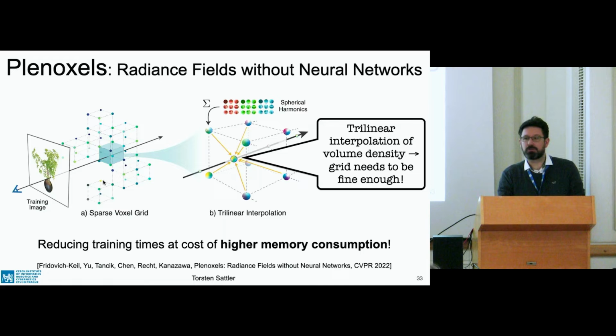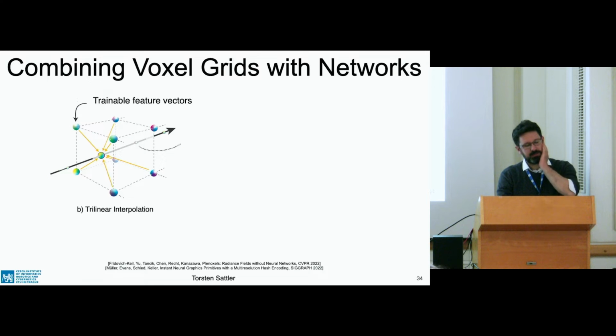How can we try to reduce this so that we get both fast rendering and training times at a reasonable increase in memory? The idea is that you can take a step back. This Plenoxel essentially had trainable features associated with each vertex.